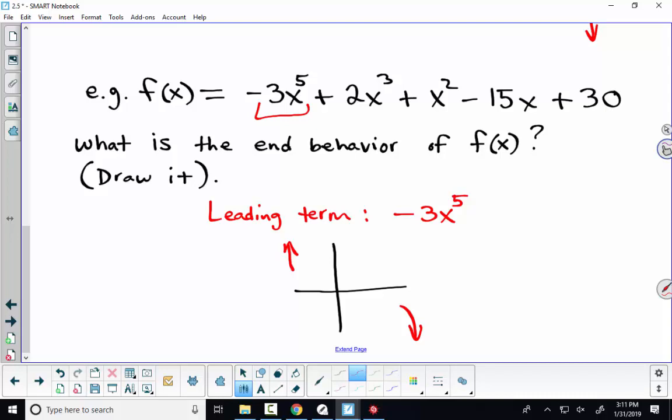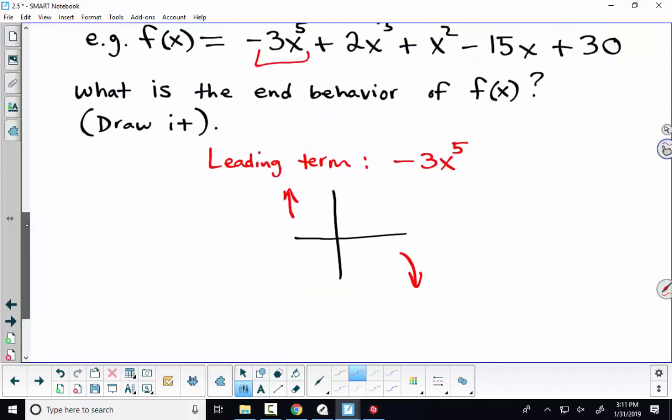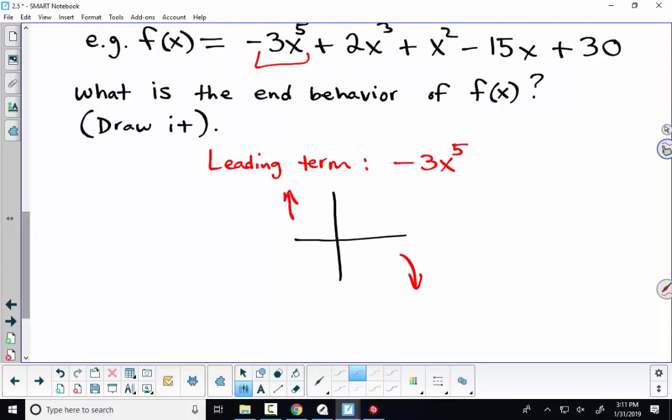So why are we able to do that? When we're talking about the end behavior, why are we able to ignore everything else and only look at the leading term? So how or why?